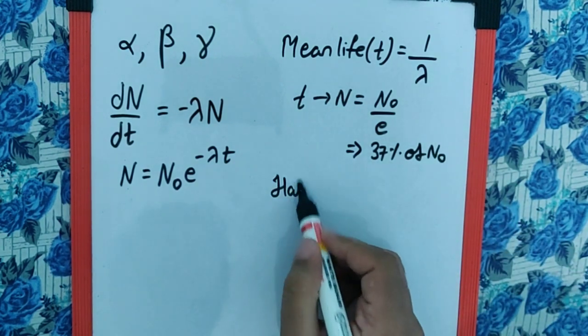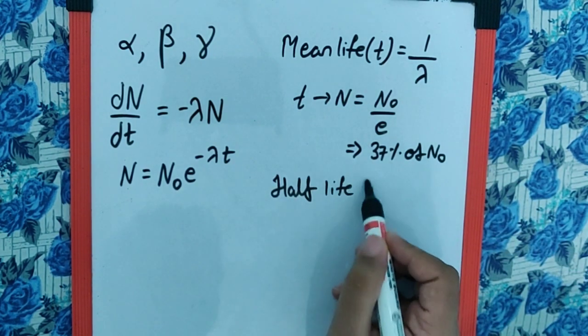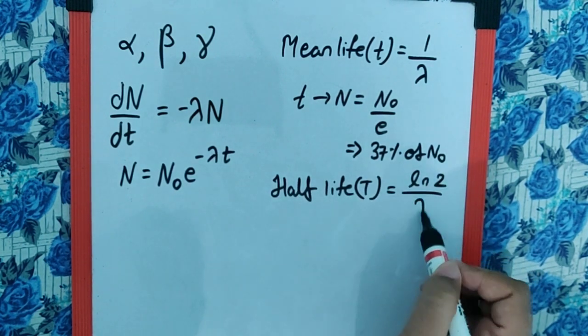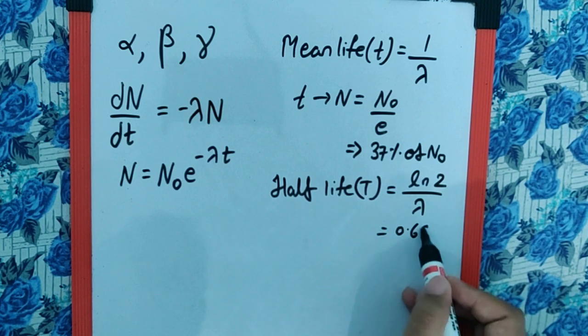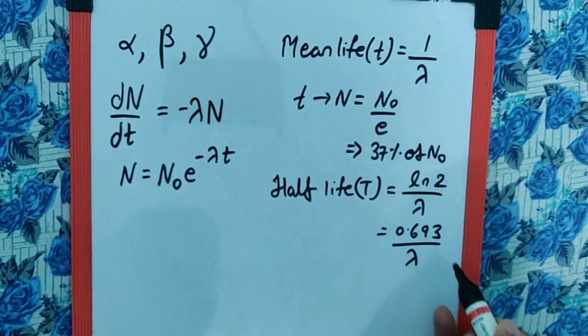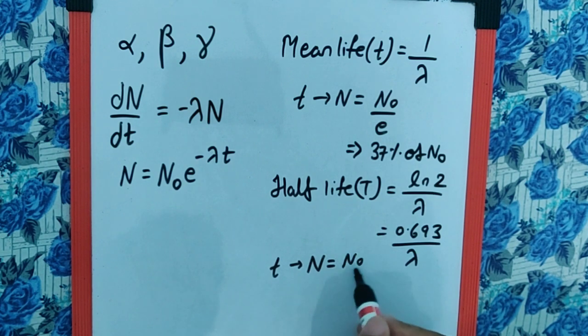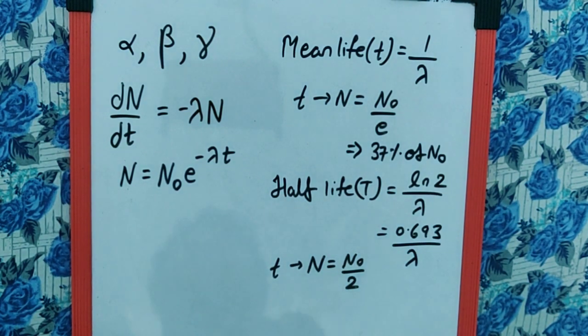And there is another term called half-life, which is nothing but natural log 2 by lambda, or 0.693 by lambda, which is the time in which the number of atoms reduces to half of the initial value.